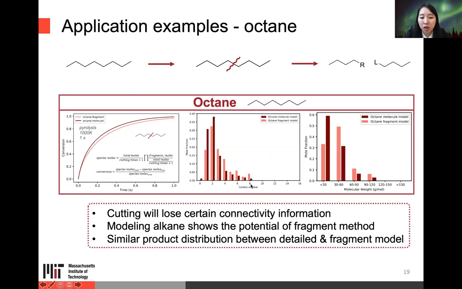So it basically shows similar product distribution between the detailed model and the fragment model. However, there are still some differences in the molecular weight distribution. So we can know the cutting will certainly lose some connectivity information.